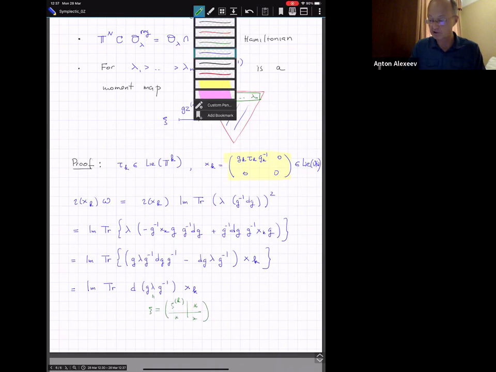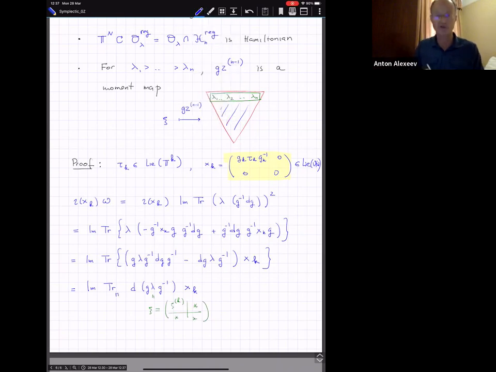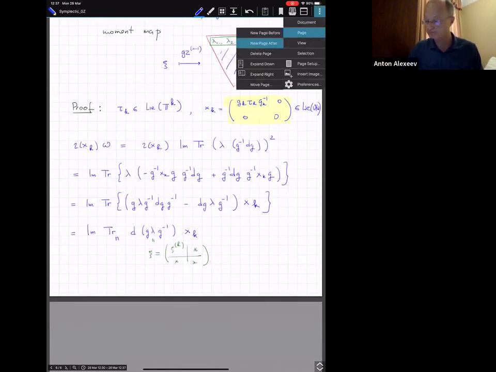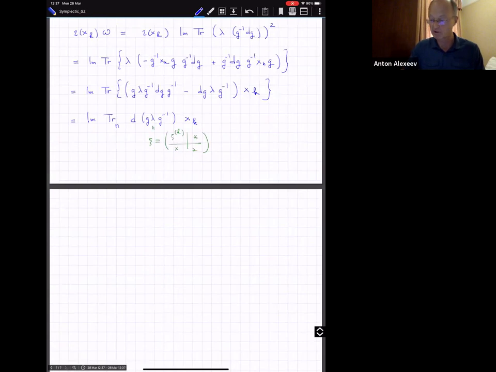So here the trace is over an n-dimensional space, and I can actually rewrite it as imaginary part of trace, now only of a k-dimensional space, dψK xK, right? So something interesting starts happening.